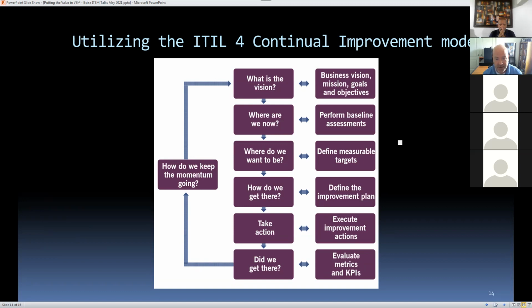Then we can define the improvement plan, put together the business case if it requires a significant amount of resources and funding, and then execute and evaluate, doing things like benefits realization reviews to see if we made a difference, and then build momentum around doing this. So anything we identify as part of going through value stream mapping and even value stream management ties very, very well in with the continual improvement model.